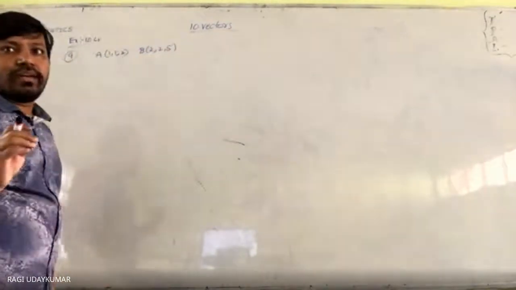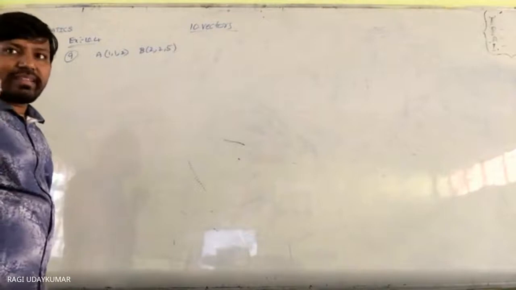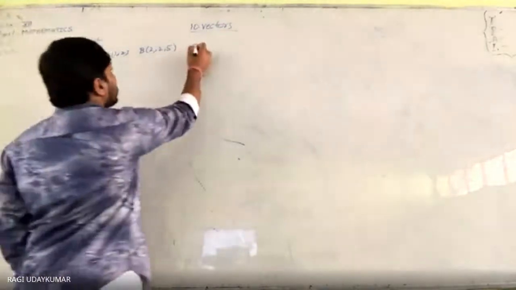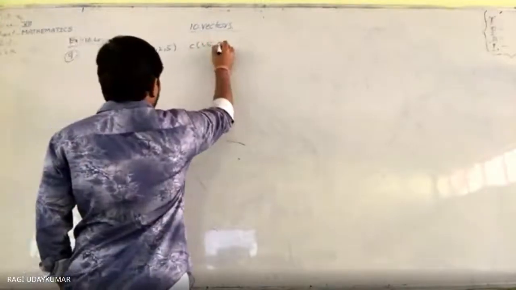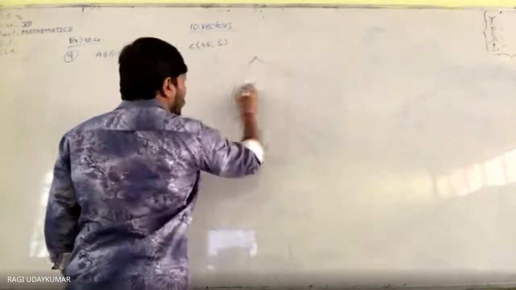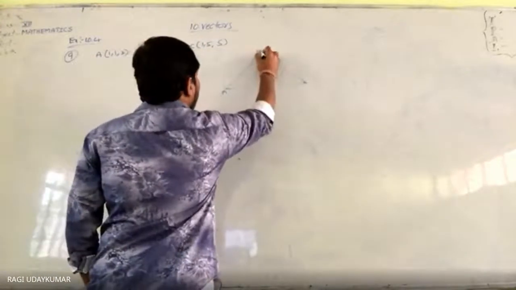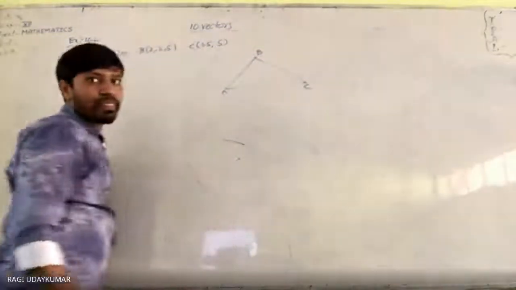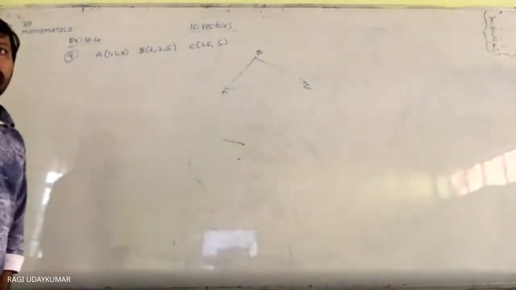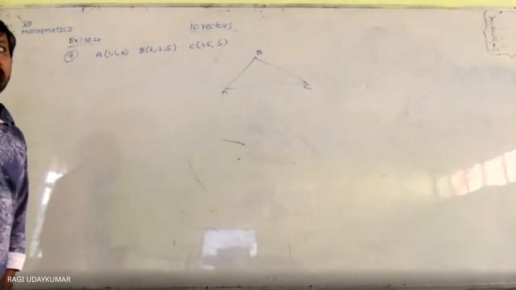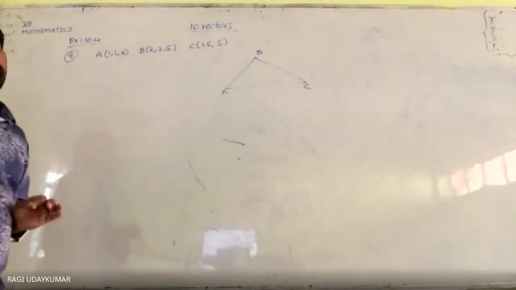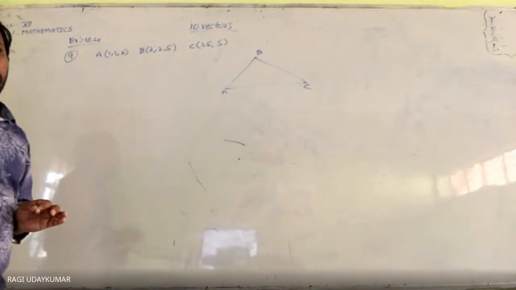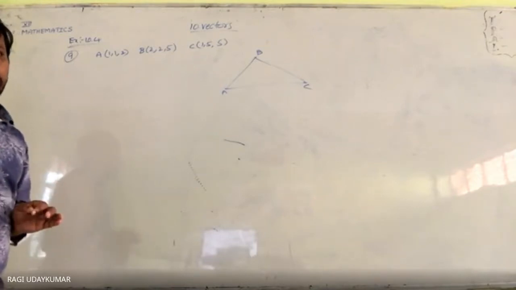Whenever three points A, B, C are given, like A = (1, 1, 2), B = (2, 3, 5), C = (1, 5, 5), the question is asking us to take any two adjacent sides.